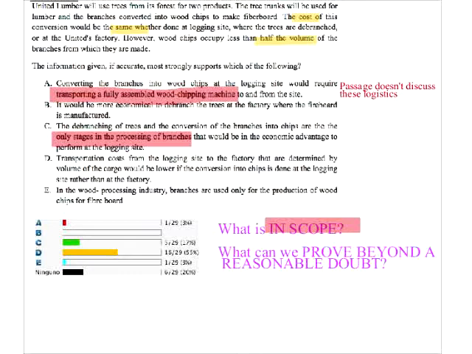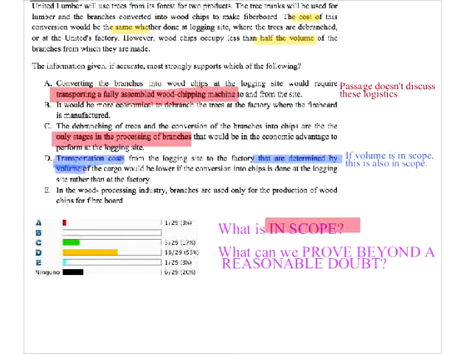The transportation costs sounds like it might be out of scope, but notice how they qualify this: transportation costs that are determined by volume. So if volume is in scope, then this is also in scope.